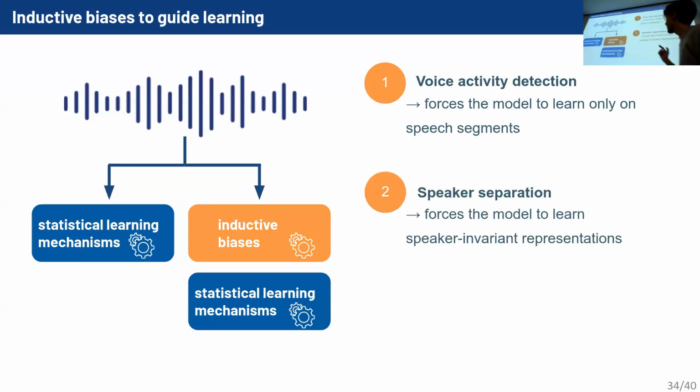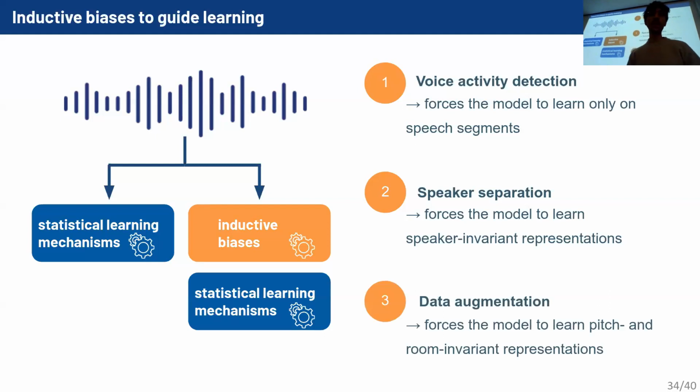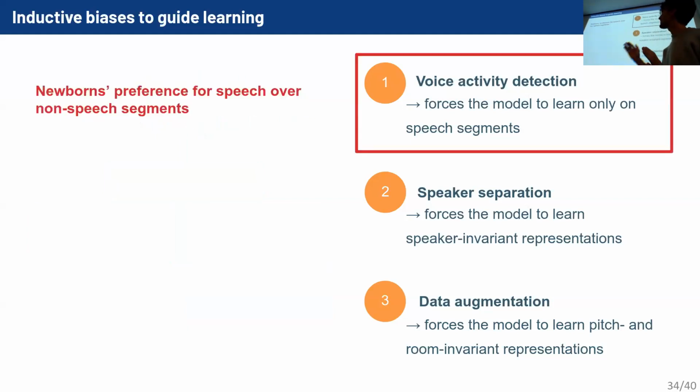The second inductive bias is a speaker separation mechanism that forces the model to learn speaker invariant representations. And the third inductive bias is simply data augmentation, which forces the model to learn pitch and room invariant representations.